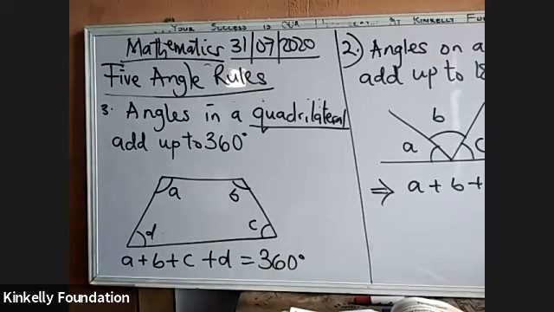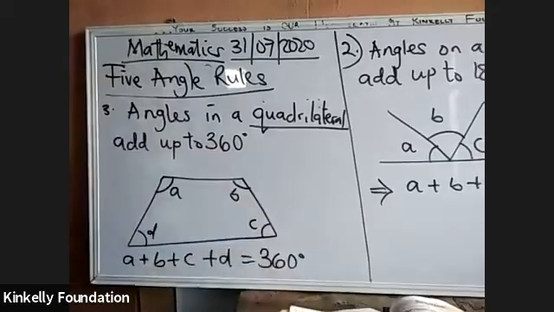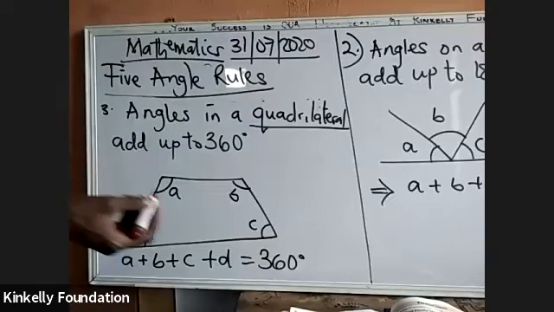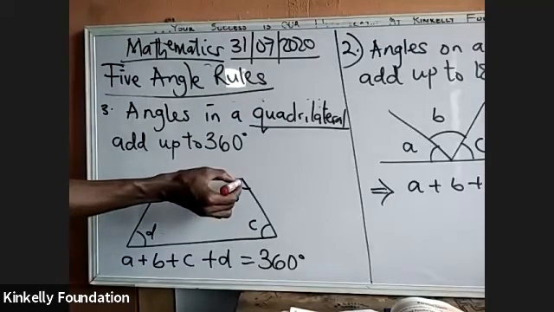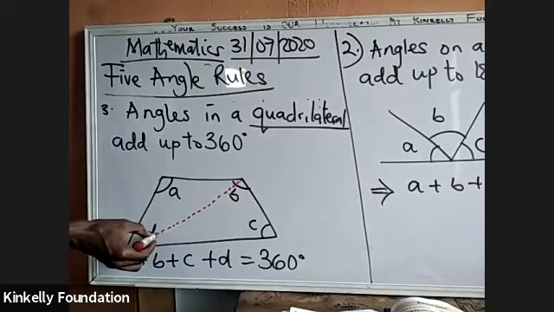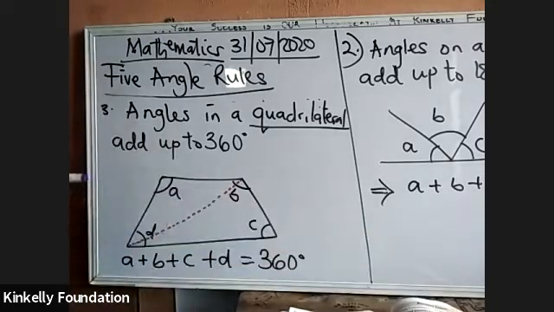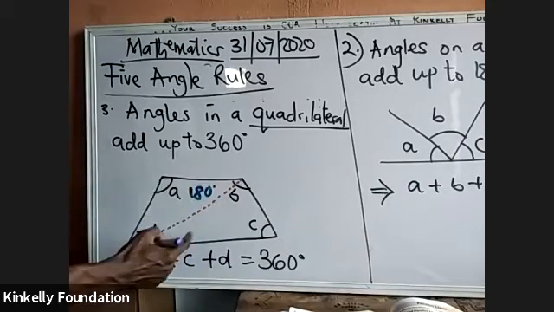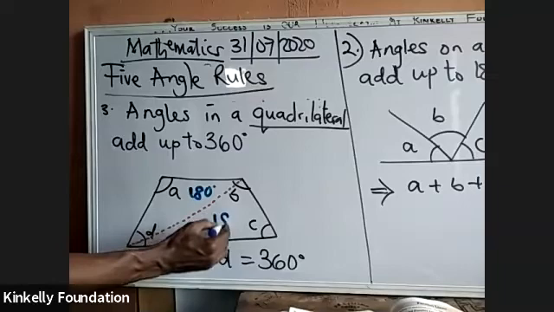The reason for this is because in a quadrilateral, we have 2 triangles. Let us divide this into 2. Assuming we divide our shape into 2 like this, the upper side gives us the sum of interior angles to be 180, and the lower part gives us 180.